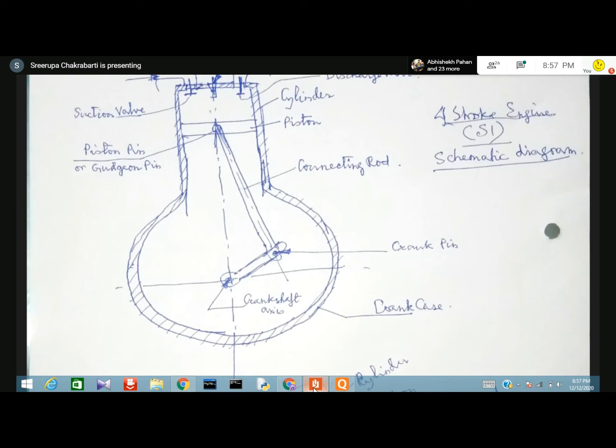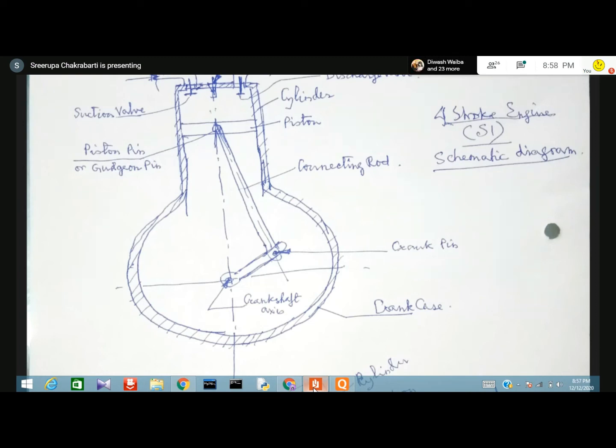But we are trying to give you a fair idea about the engine from a two-dimensional diagram. So you understand, in a three-dimensional form, there is a cylinder closed at one end, a piston, a connecting rod, a crank and a crankshaft. These are all the bare minimum items which I have drawn. I have not drawn lots of other things.